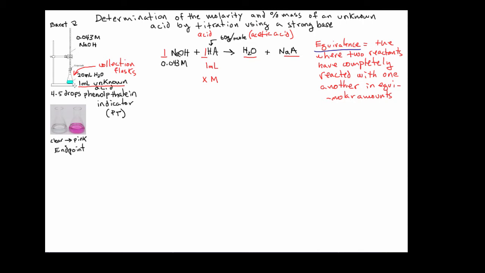and then to the collection flask we're going to add 4 to 5 drops of the indicator phenolphthalein. Now, an indicator is a molecule, an independent molecule in regard to this reaction, that changes colors under different circumstances.